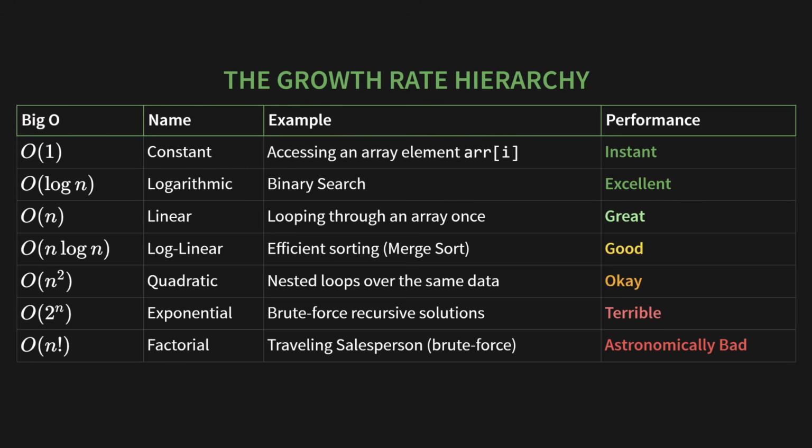Then we get to O of 2 to the n. Exponential. This is where brute force recursive solutions often land. The performance is terrible. And finally, O of n factorial. Factorial. Like a brute force traveling salesperson solution. The performance is astronomically bad.